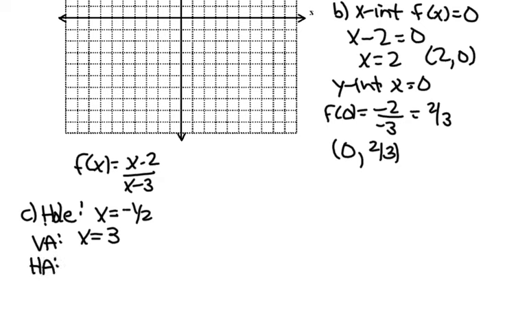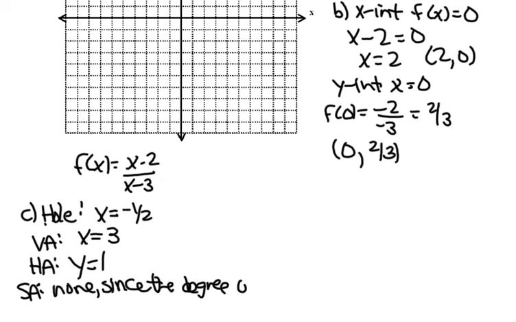For the horizontal asymptote, the degree of the numerator is 1 and the degree of the denominator is 1, so the equation of the horizontal asymptote is y equal to 1, 1 divided by 1. The slant asymptote is none, since the degree of the numerator is equal to the degree of the denominator.